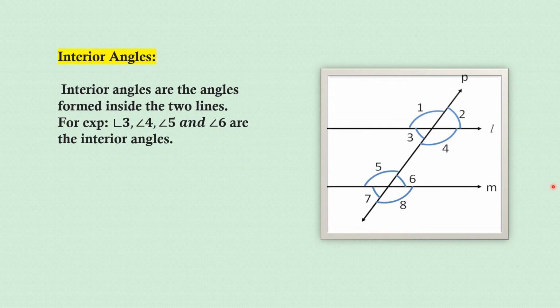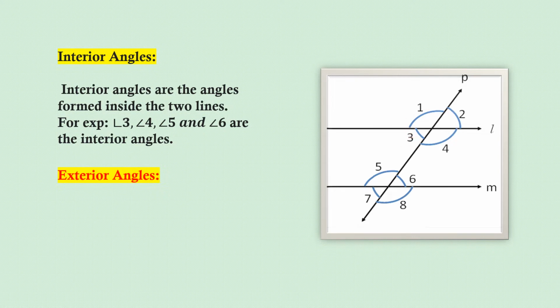Now in the same way, let us talk about exterior angles. If 3, 4, 5 and 6 are interior, inside, then what will be exterior? Which is outside. So 1, 2, 7 and 8.